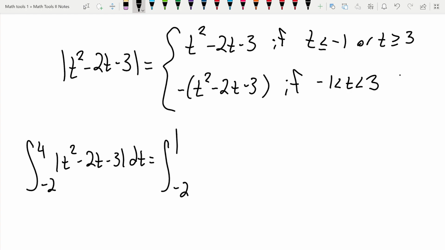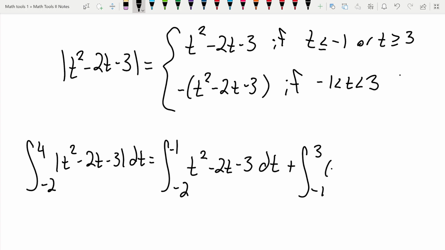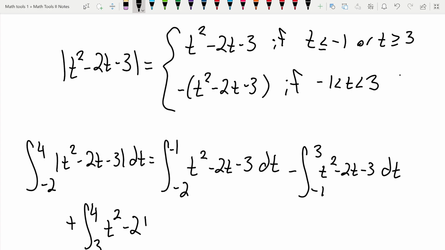So this is going to be negative 2 to negative 1 of the positive version of this, plus negative 1 to 3 of the negative version of this. You could just subtract this too. You could pull that negative out because that's a constant. So that might make it a little easier. And then we add on 3 to 4 of the positive one again.